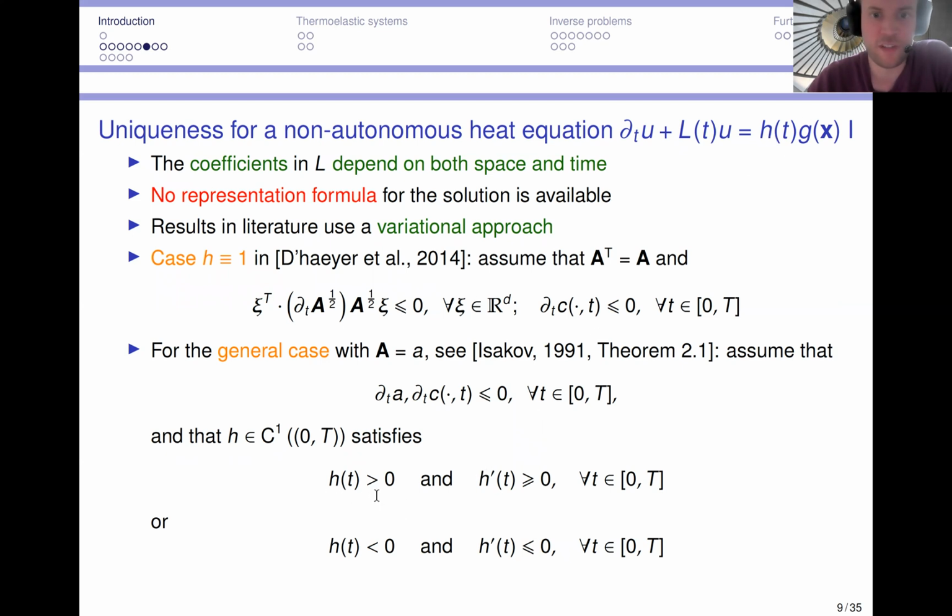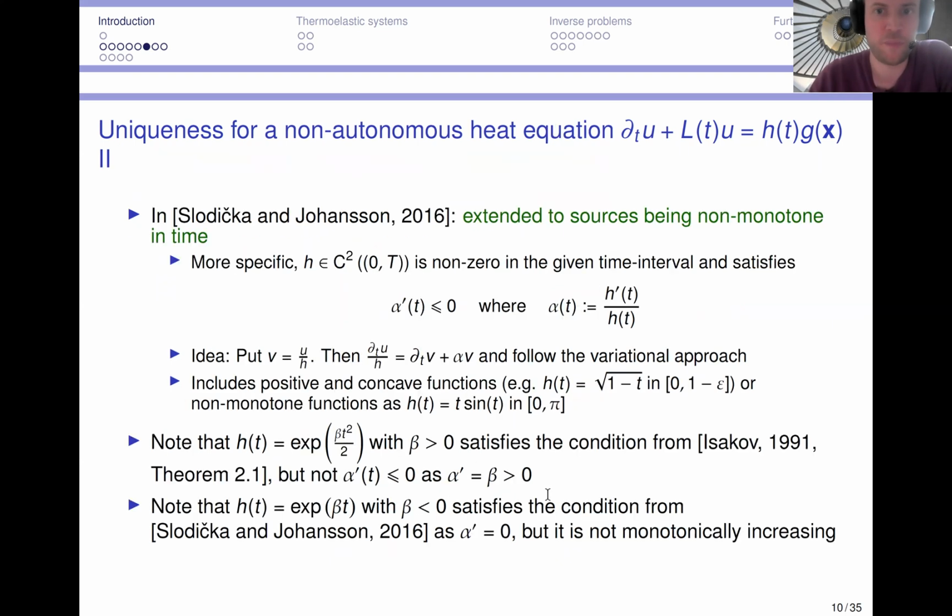So we have that h is strictly positive and monotone increasing, or that h is strictly negative and monotone decreasing. So when one of these two conditions holds, then the solution is unique. And this is the same condition as we saw before when using the variational approach.